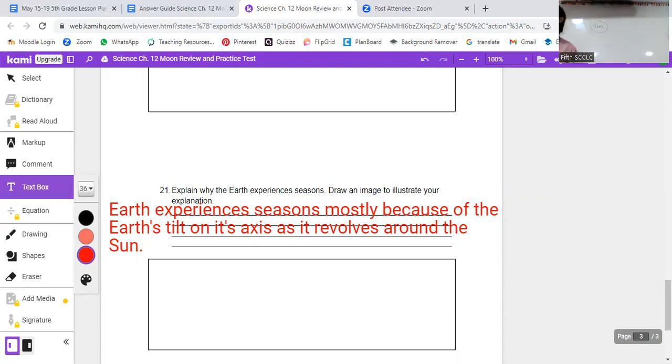Your sun needs to be in the middle because we're gonna show how the Earth is doing what? Revolving, or rotating around. Okay. So as the sun is in the middle, when the Earth is over here, it's going to be winter time. Okay.